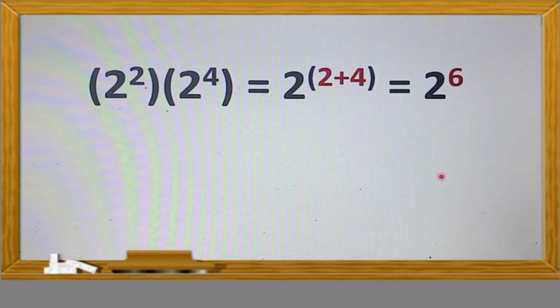Example. We have 2 raised to 2 multiplied by 2 raised to 4 is equal to 2 raised to 2 plus 4, because the base 2 stays, then we add the exponents. So we have 2 raised to 2 plus 4 is equal to 2 raised to 6.